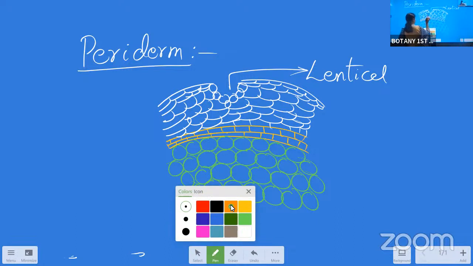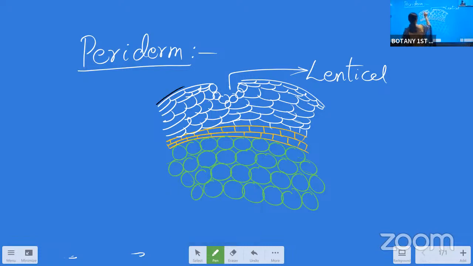About this, actually, the dead tissue bark will be present. This is the bark.